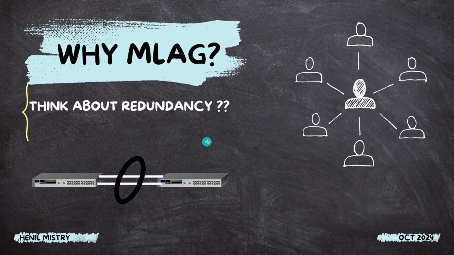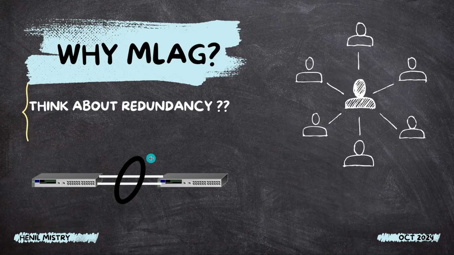So let us think about why we need MLAG. We'll talk about redundancy. In terms of redundancy, let's say we have only one link from this switch to this switch, and if that link goes down, because it's a physical link, exposed to environmental conditions, it can be broken by some physical damage.